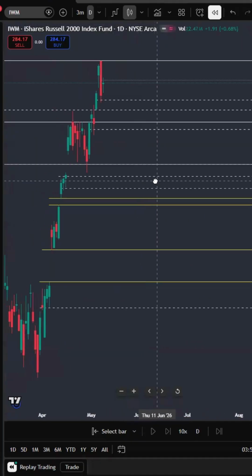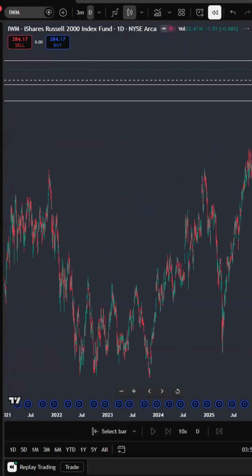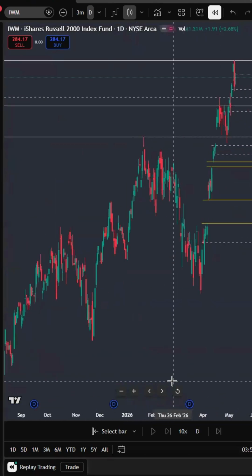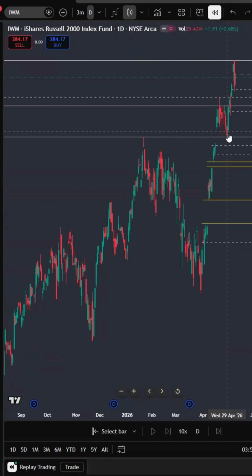But what we're looking for on this chart, let's zoom out a little further and get a better view of what's been happening. So it gapped up, gave us new all-time highs, then pulled back to that previous all-time high, created a higher low to go long.